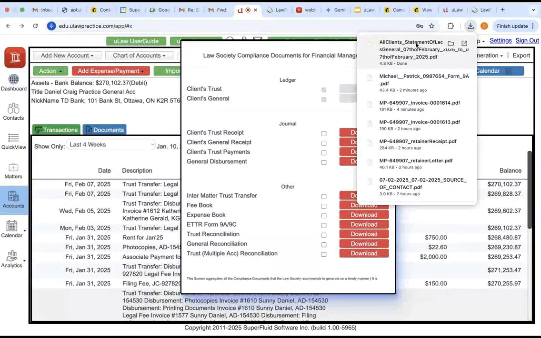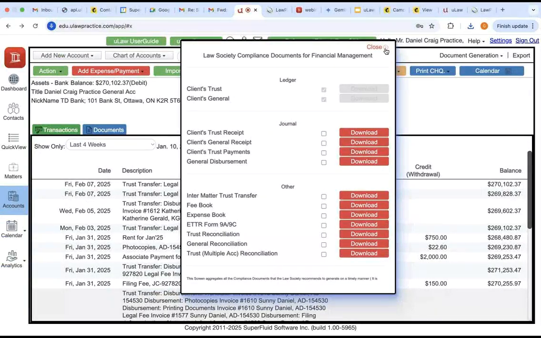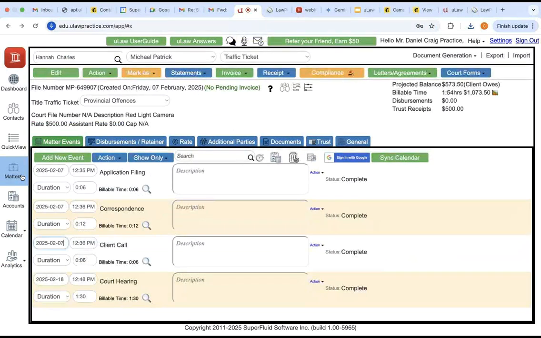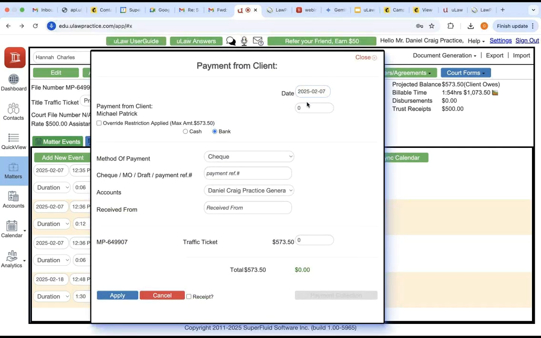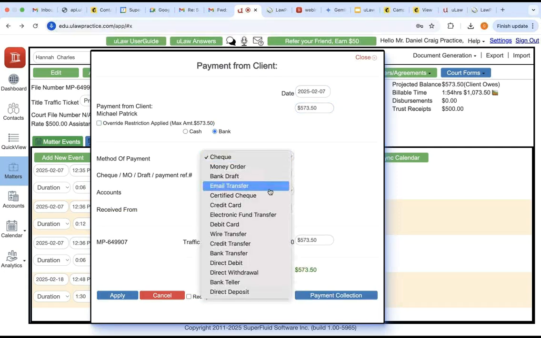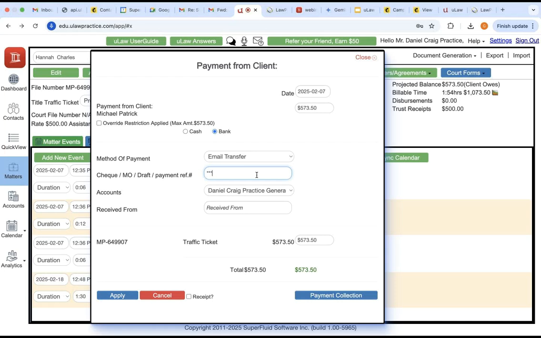Let me now show you one more time. So right now, you only see 4 transactions under there. Now, if I go back into the matter, this client owes us some money. So when I click on question mark, click on payments, and let's say I enter the amount this client needs to pay us. What was the method of payment? Enter that.